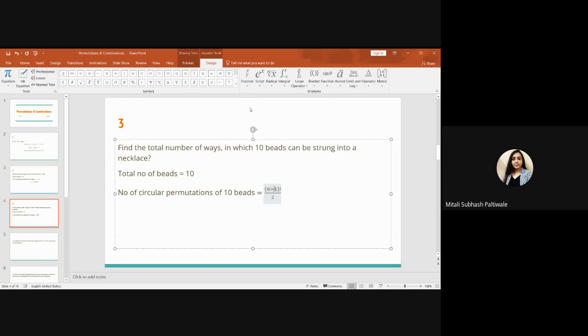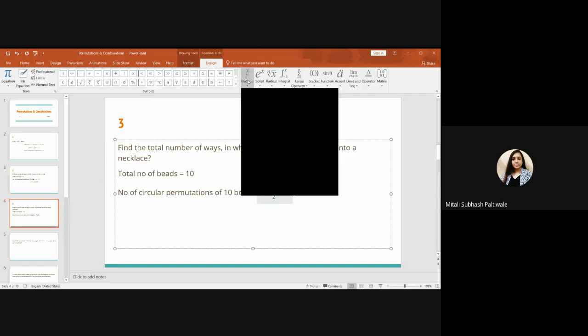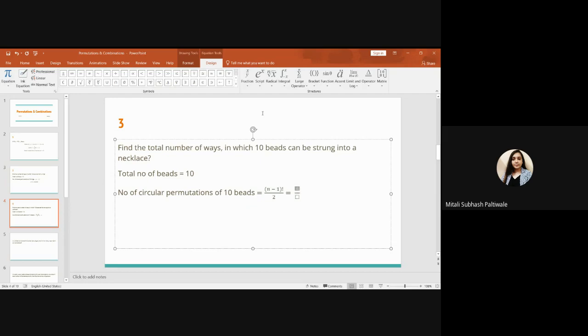Of course, 10 minus 1 would give me 9 factorial, so 9 factorial by 2, which is equal to 181440. We are aware of the 9 factorial which we found some time before.